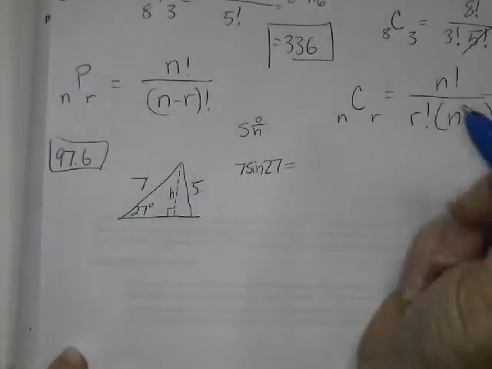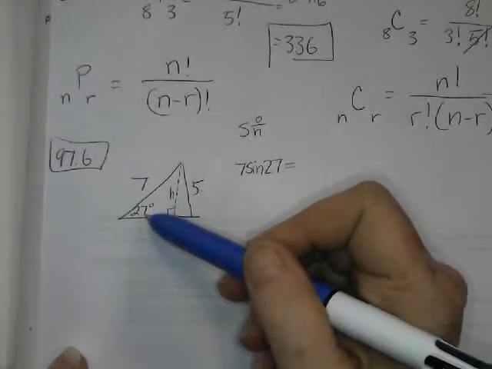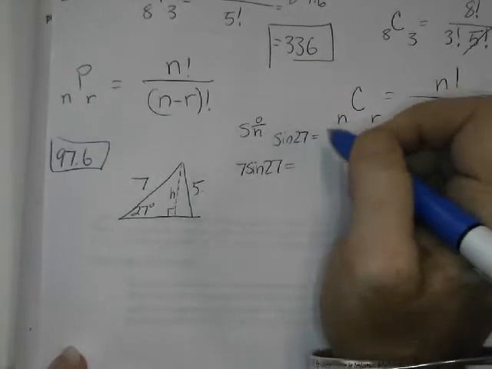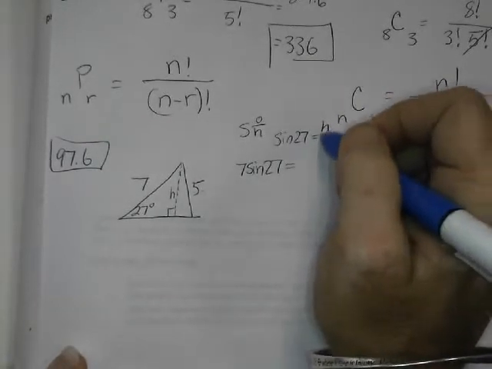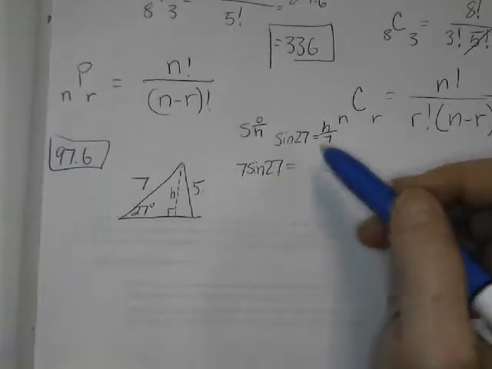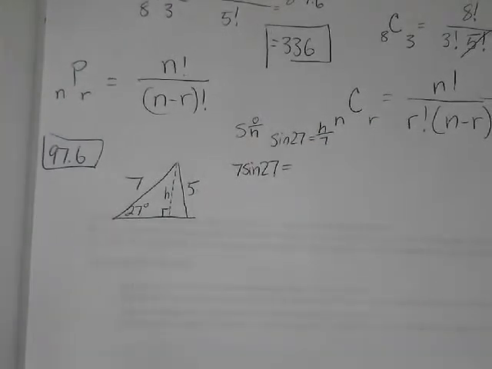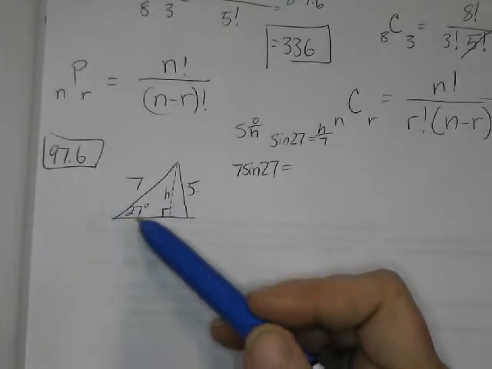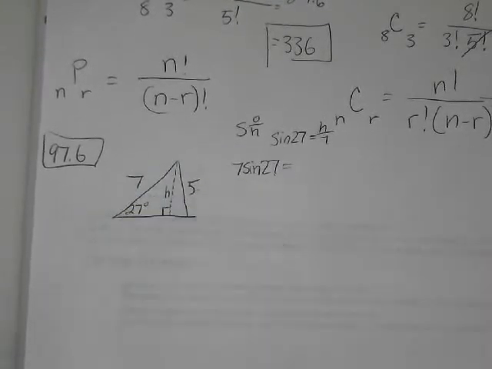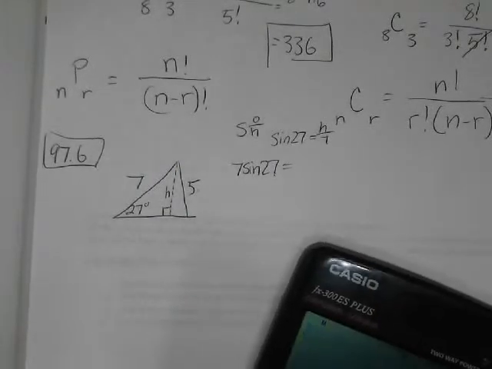So sine of 27 is h over 7, and if you multiply both sides by 7, don't you just get that? So every time you're doing these, just take the adjacent side times sine of the angle. It'll always work if you're in the side-side angle situation.